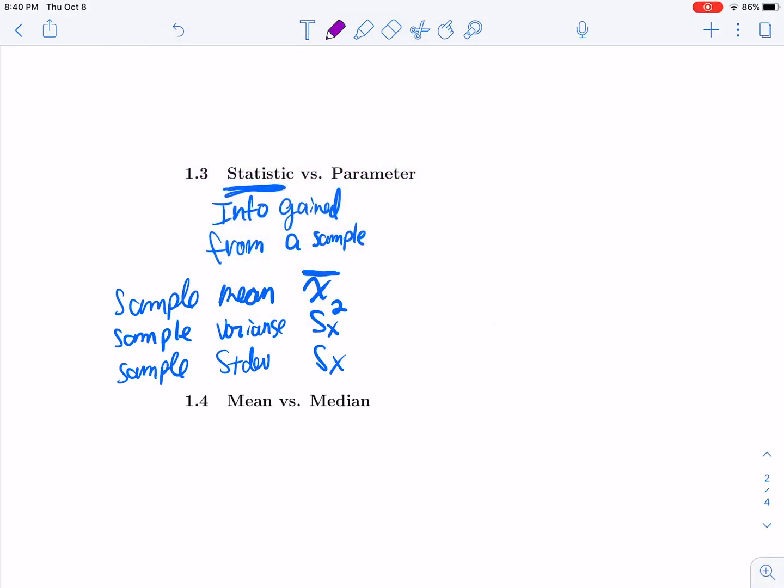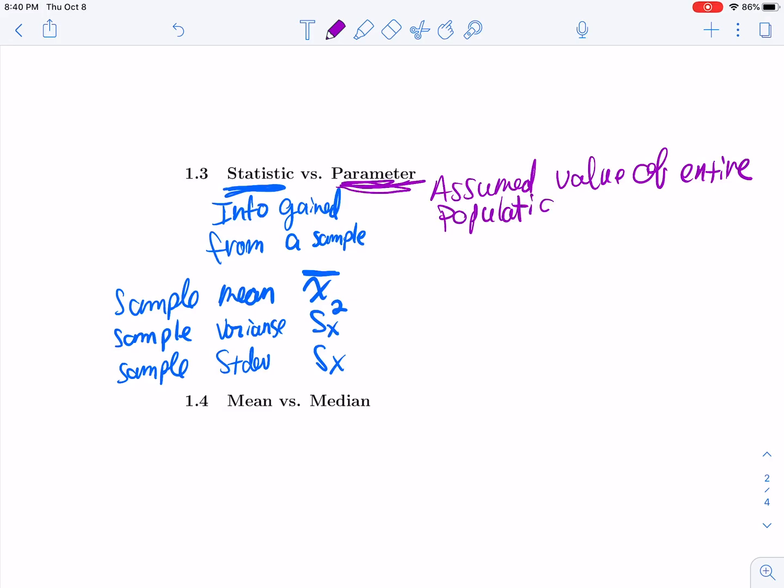Versus a parameter, this is an assumed value of the entire population we are testing. We're not always testing, but it's normally the thing we're trying to learn about.